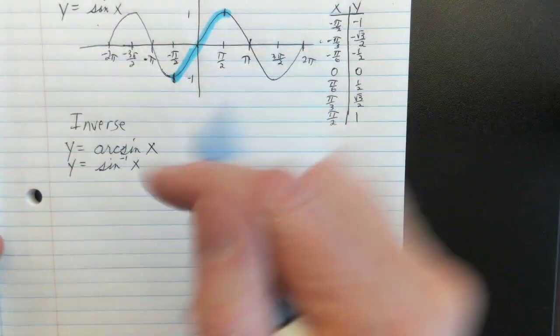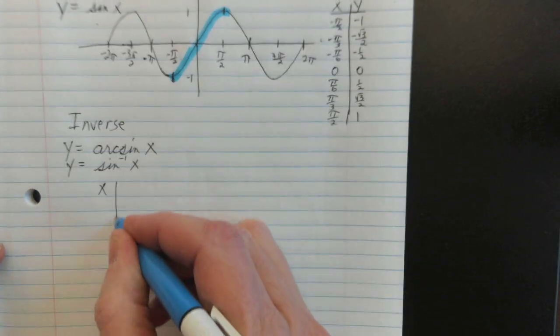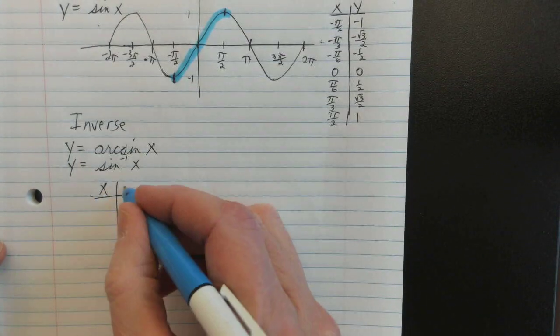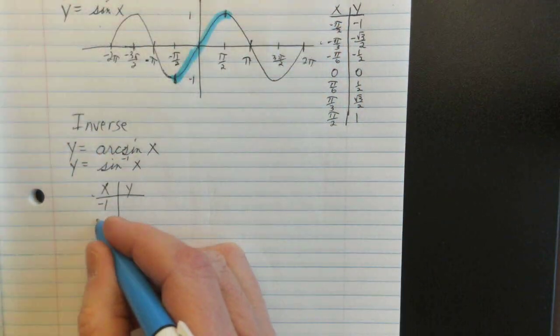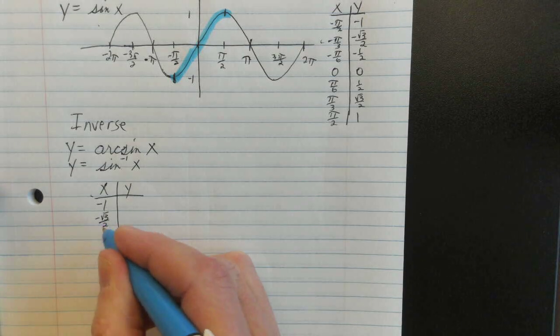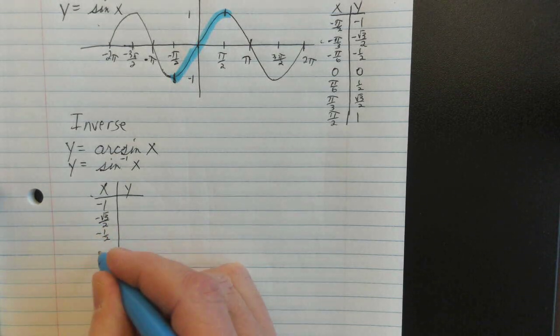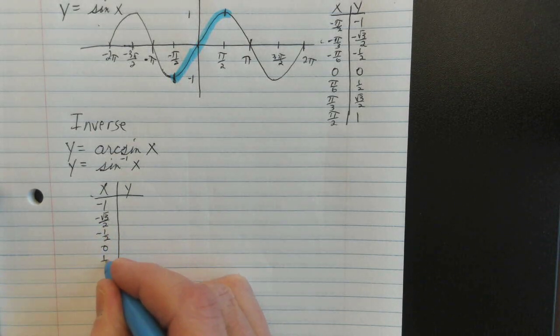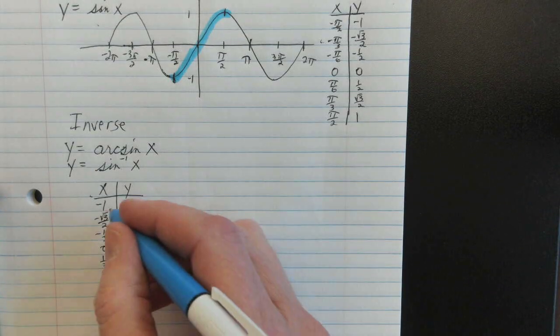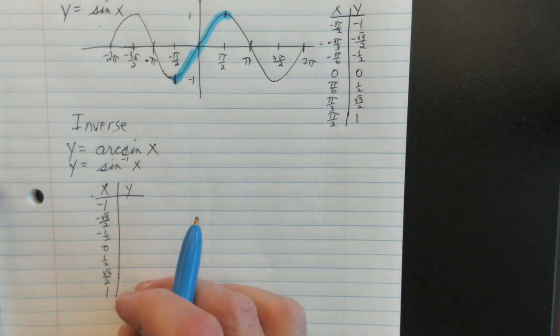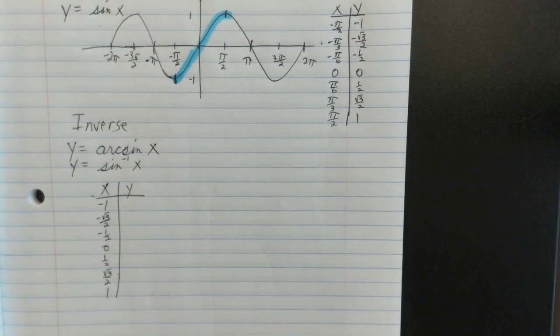So, I'm going to make a table, but I'm going to put the y values here where the x was, and put the corresponding x values where the y was. Inverse, that's what we do, right? Just switch the x and y coordinates around.